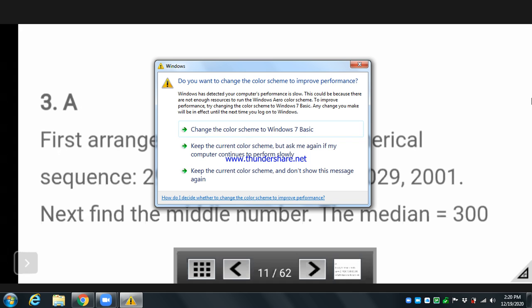First, we arrange the sequence. After splitting, we got the middle value as 300 and that is the median.